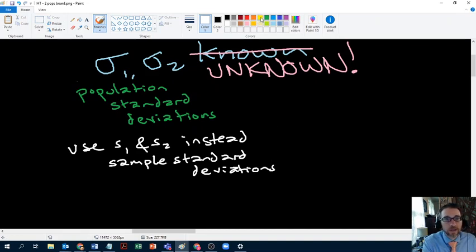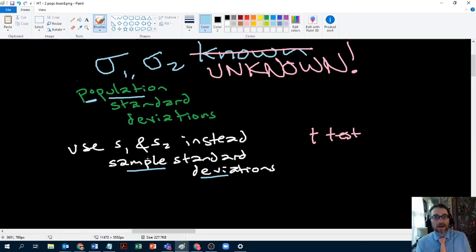And if that's the case, as has been the case in the past, we're going to have to use a t-test, right? That's going to turn into a t-test. I did want to draw attention to the fact that this is the case generally, right? Since these are population standard deviations, we generally don't expect that we would know those. If we have the data, we can always find our sample standard deviations. And as a result, this is a very applicable test.